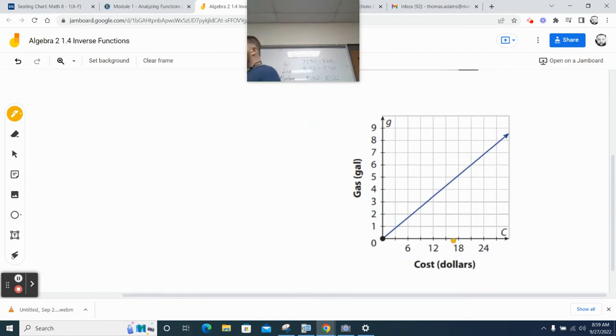This is the graph. I want you guys to sketch out the graph. This is really the graph of the equation. C is equal to, well, actually, this is the inverse function that they have here. And so there's some questions that we're going to answer, but let me have you write down this graph.